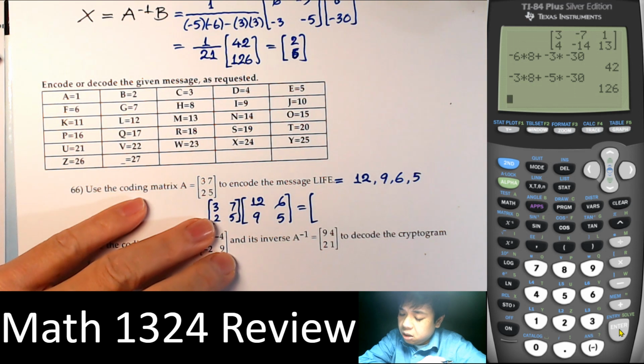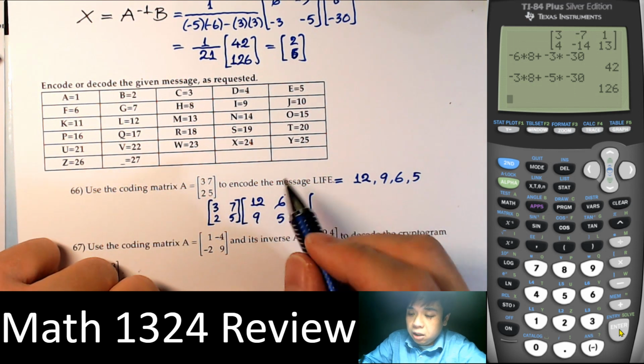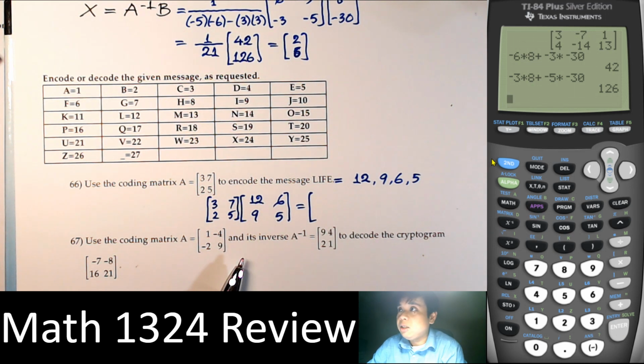And that gives us 3 times 12, 36. Now let's just use the calculator on this one, just for practice.